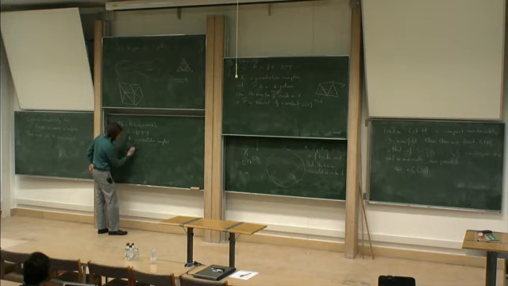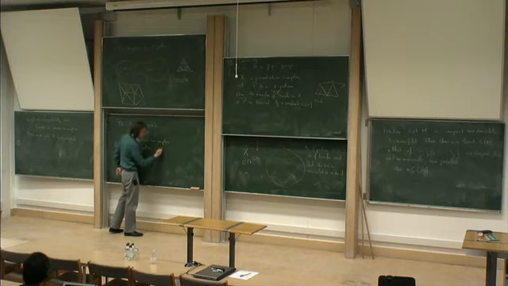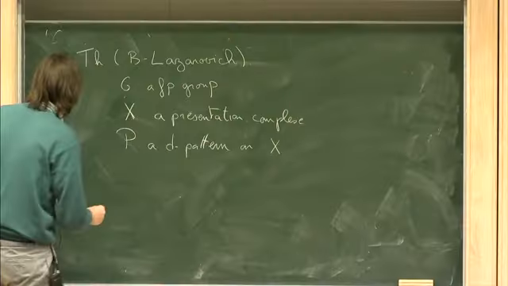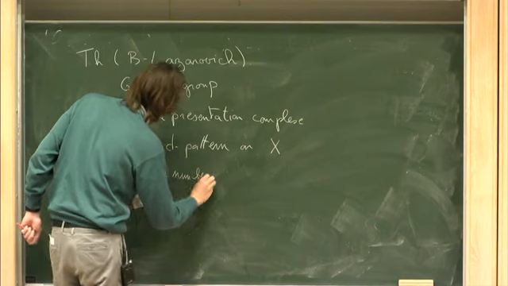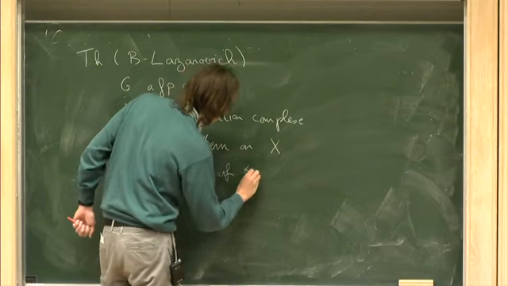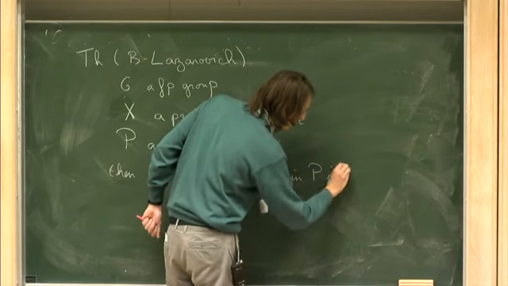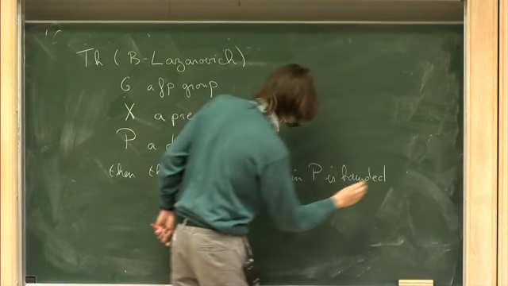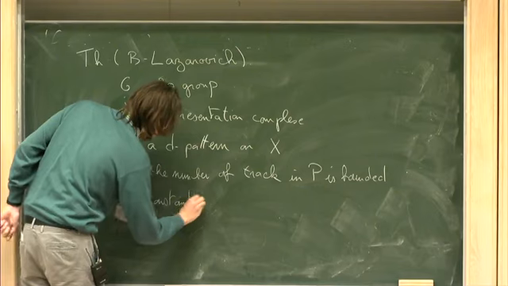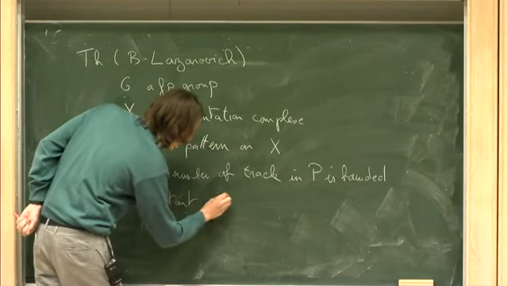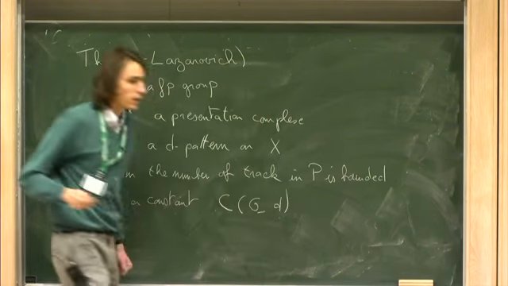And P a D pattern on X, then the number of tracks in P is bounded by a constant C that depends only on the group and on the dimension.